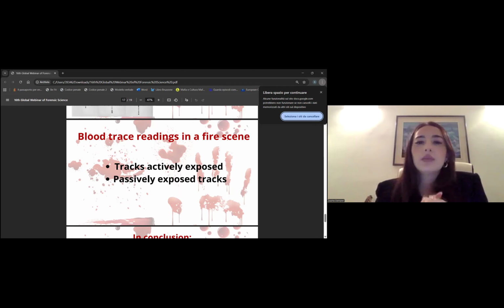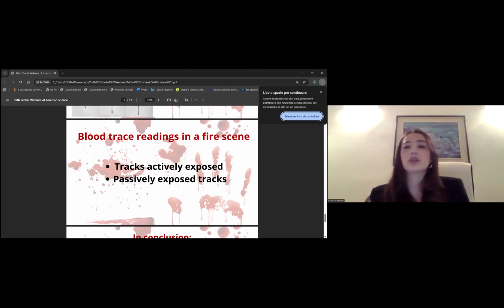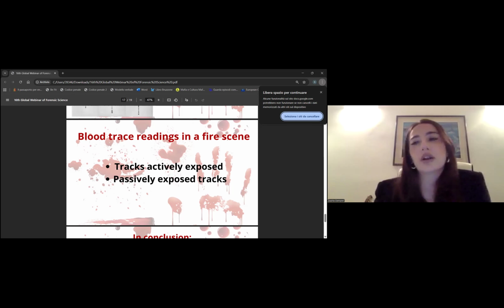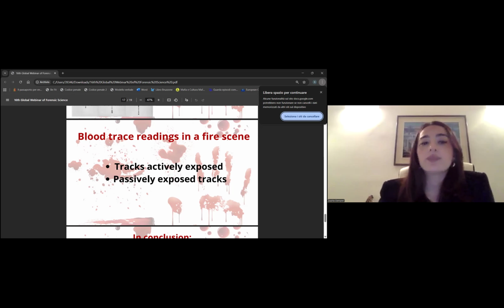Before the previous decade, any soot-covered physical and biological residue from a fire was considered ineffective. As a result, the situation led investigators to neglect the recovery of traces of blood remaining at the scenario.